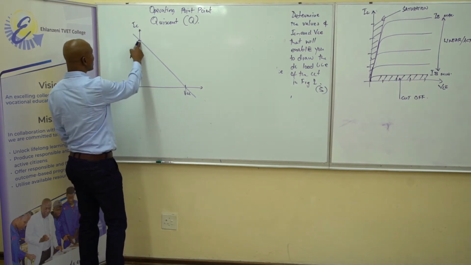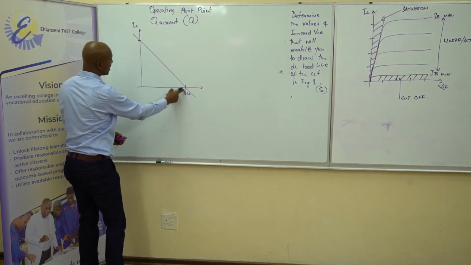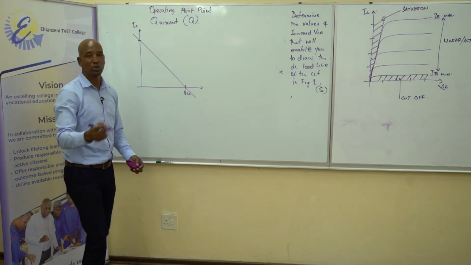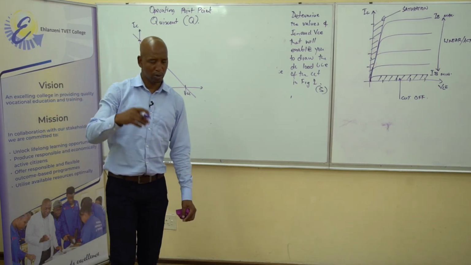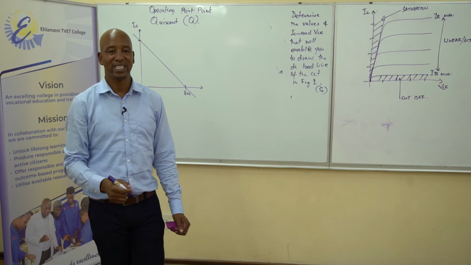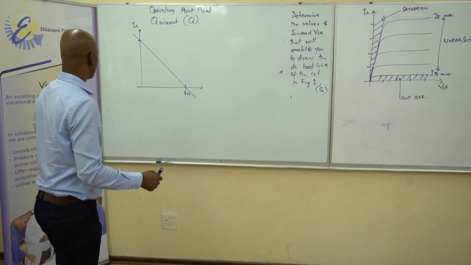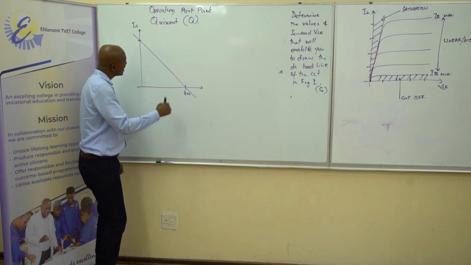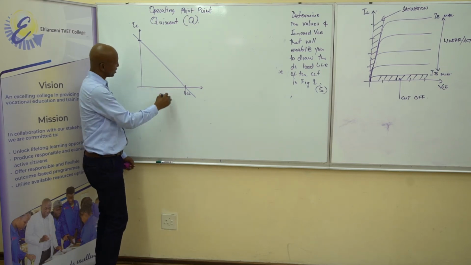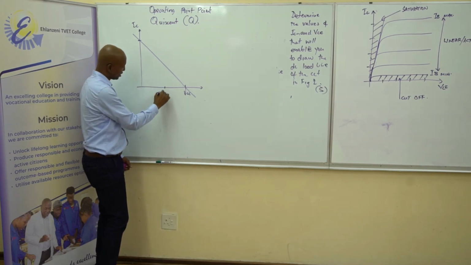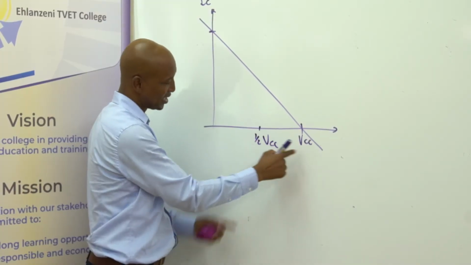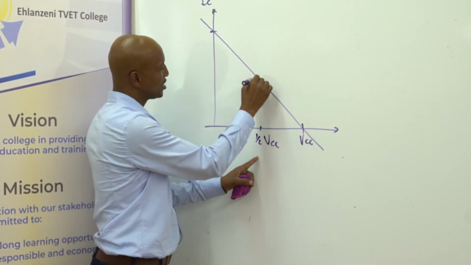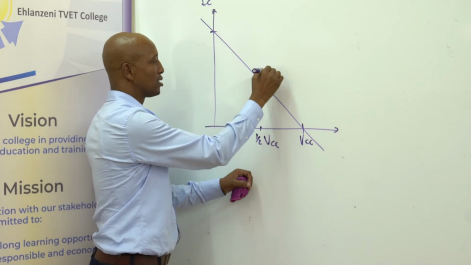So we can choose any point from here to there. Anywhere along this line, we can choose our quiescent point, our operating point. So we say for audio amplifiers, current amplifiers, we normally choose it somewhere along half of VCC, somewhere here. So we normally choose it somewhere there, Q.